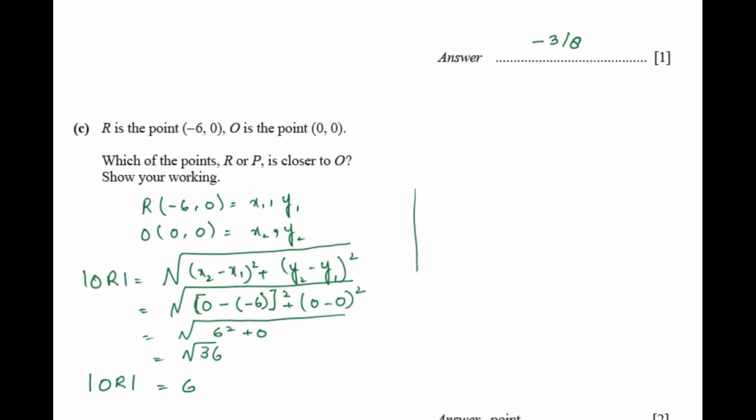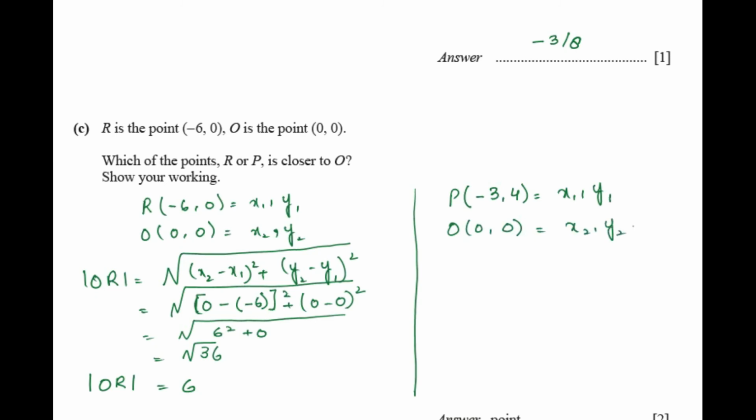Now we will find the length of OP. The coordinates of P are -3, 4. We will consider this as x1, y1, and the origin 0, 0 as x2, y2.